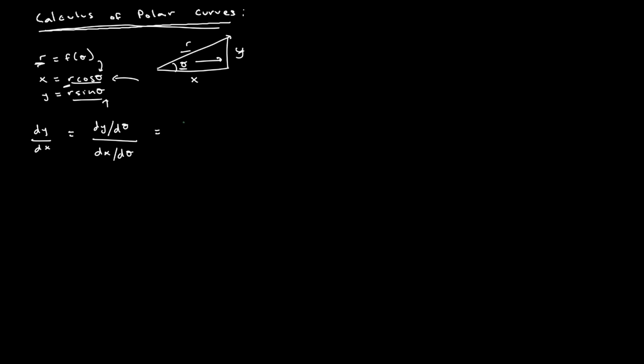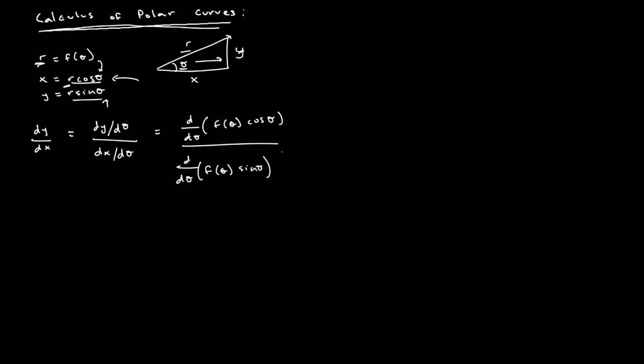So this is essentially the same thing as d over d theta of f of theta times cosine theta, divided by d over d theta of f of theta times sine theta.